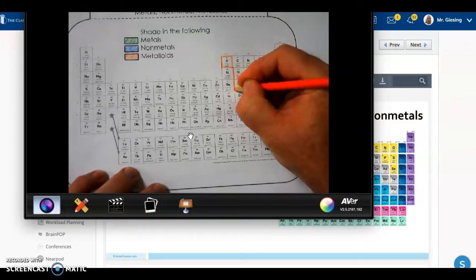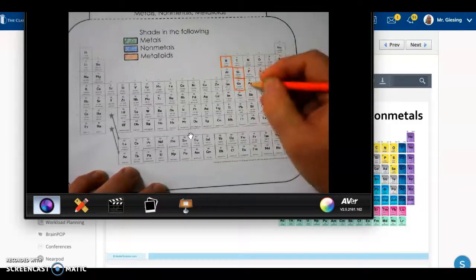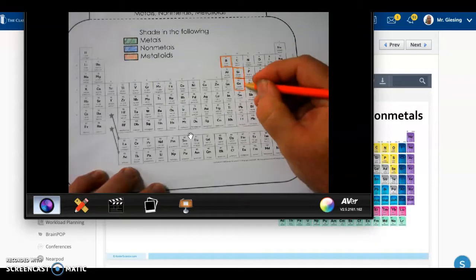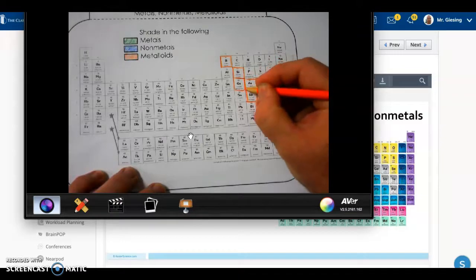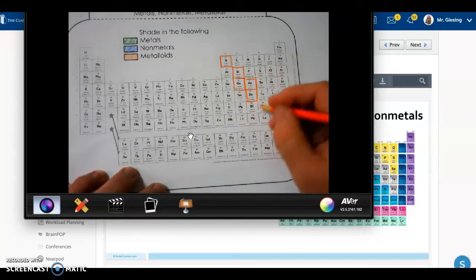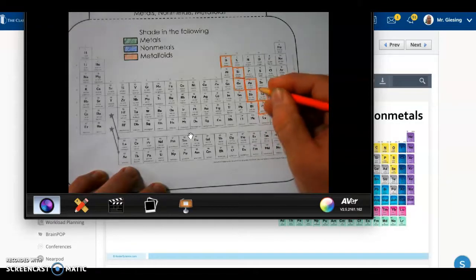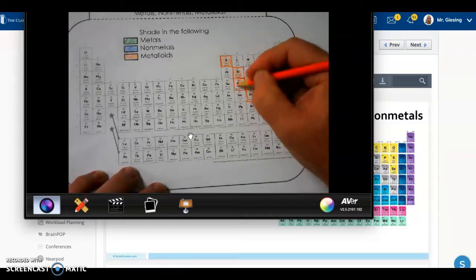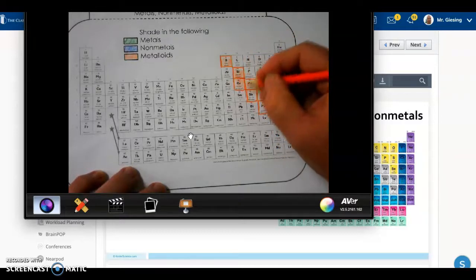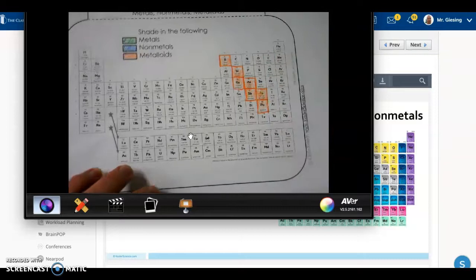And these guys are all the metalloids. And we'll fill those guys in. So there are my metalloids.